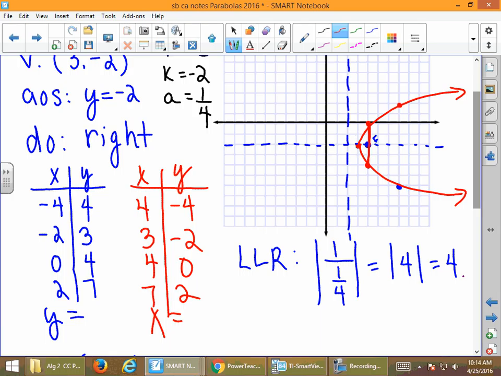If you count the squares here, we've got 1, 2, 3, 4. We were lucky enough to have whole number points there as well. That's where we measure every parabola to identify the girth. Is it a skinny or a fat parabola?